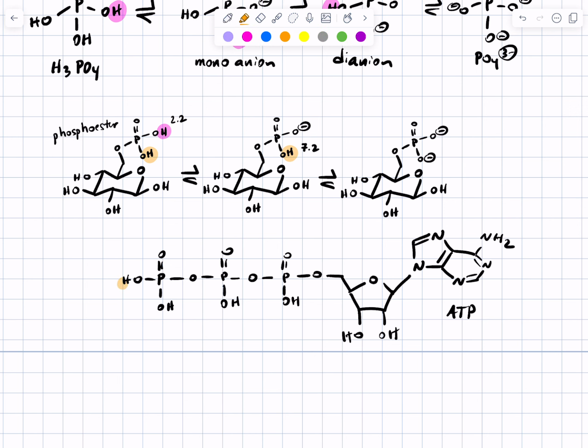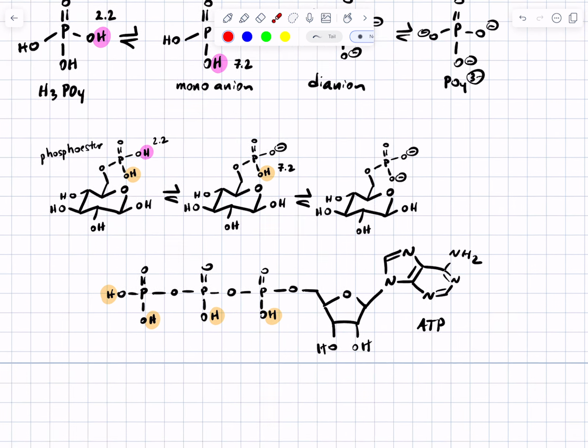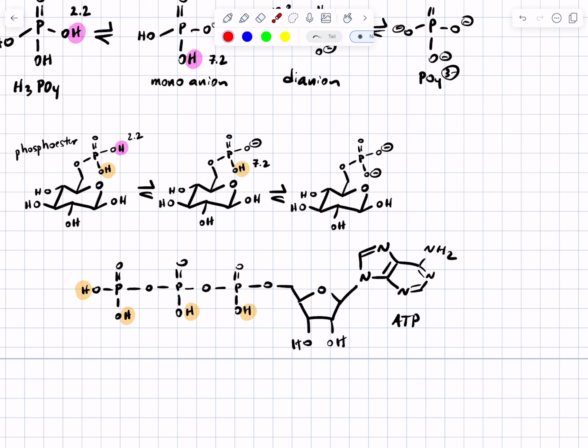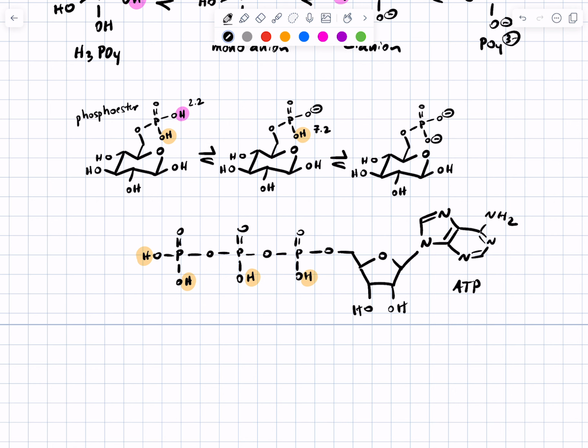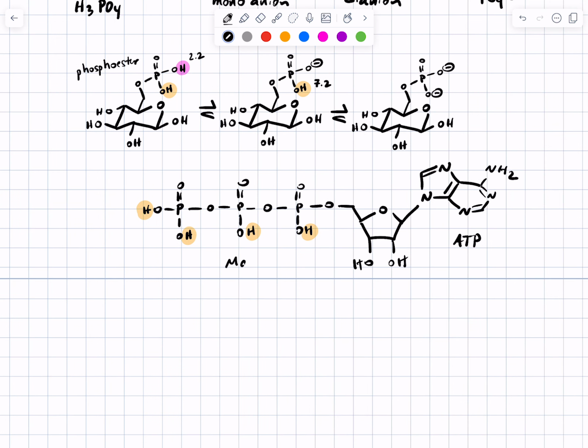Notice that ATP has a number of different acidic protons. You're not necessarily going to need to worry about predicting that, but you would expect the first one to come off to have a pKa around 2 and the next one to be around 7. Which one comes off first probably doesn't matter, and in fact it gets more complicated than that, because in a lot of cases in biology these nucleoside triphosphates are accompanied by divalent cations that can neutralize the conjugate base.